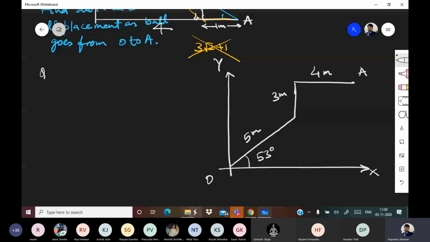So the question says an object starts from O and goes to A. Find number 1, distance. Number 2, displacement. Please find.